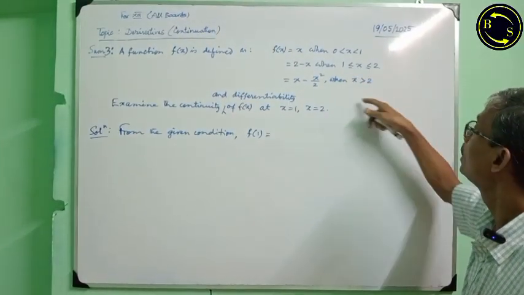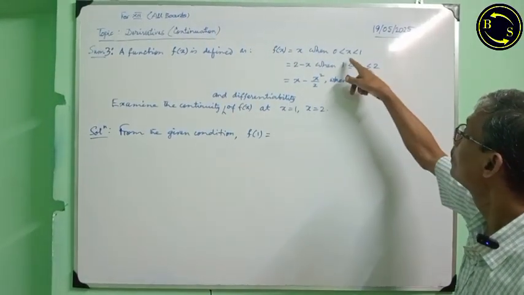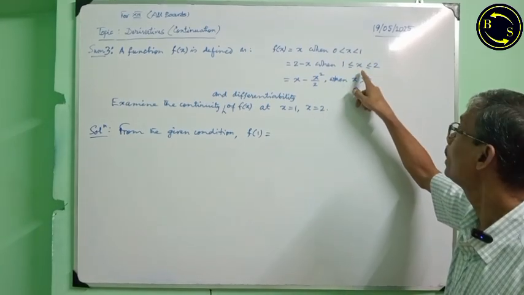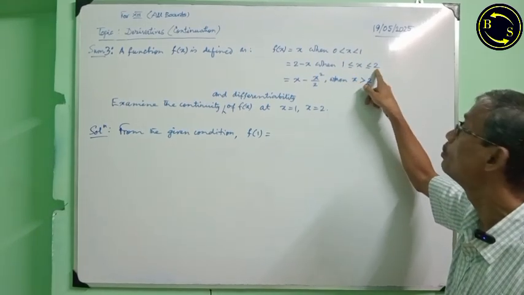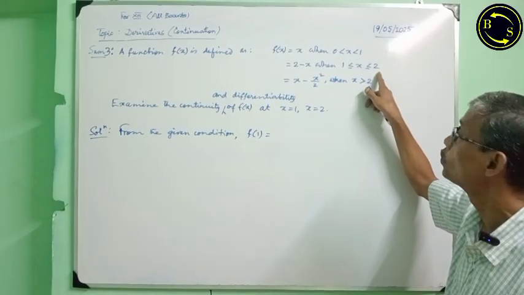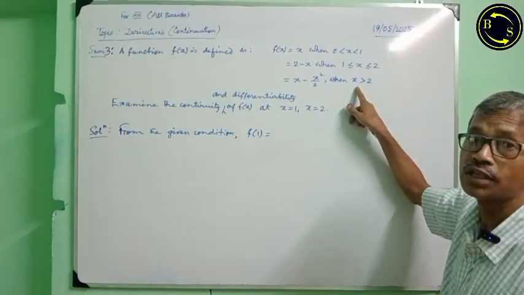You see these intervals. Here x lies in between 0 and 1. Here x lies in between 1 and 2 along with the extreme values, that is at x equal to 1 and 2, and this is for x greater than 2.